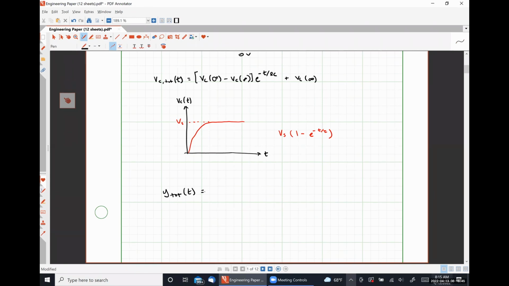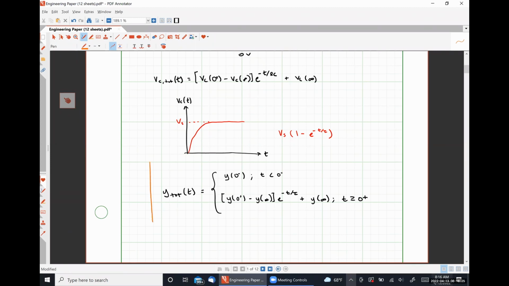So this will be valid for RL circuits and RC circuits because they behave so similarly. So we're going to have y at 0 minus for t less than 0 minus. And then we're going to have y at 0 plus minus y at infinity, e to the negative t over tau, plus y at infinity for t greater than or equal to 0 plus.